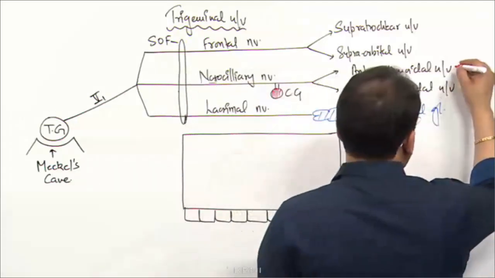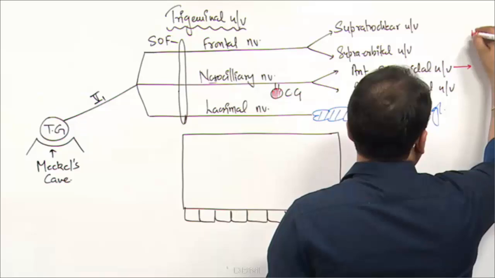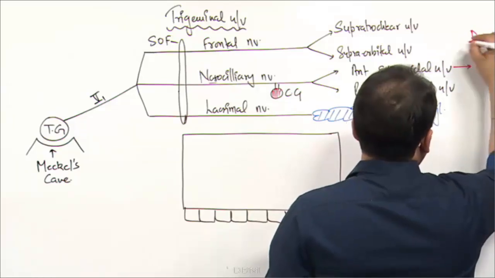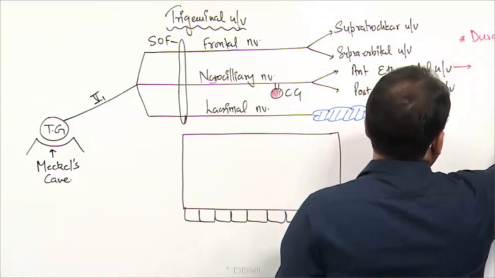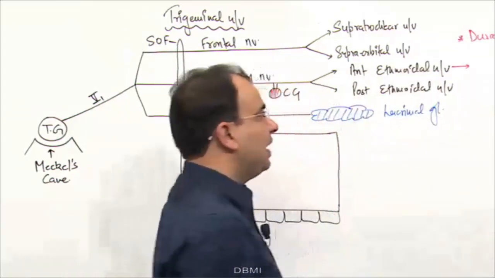The structures which are supplied by the anterior ethmoidal nerve are the dura of the anterior cranial fossa. I am writing ACF, anterior cranial fossa.